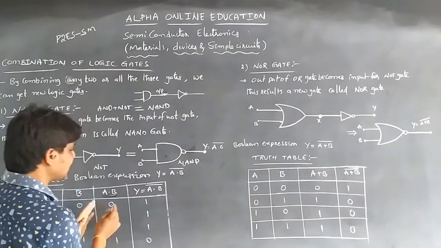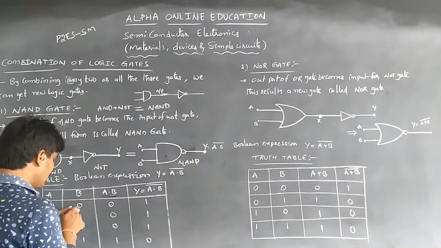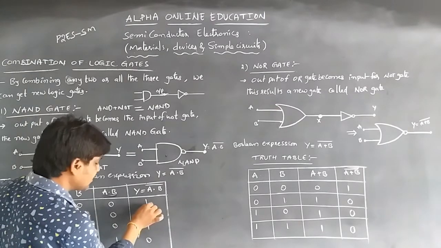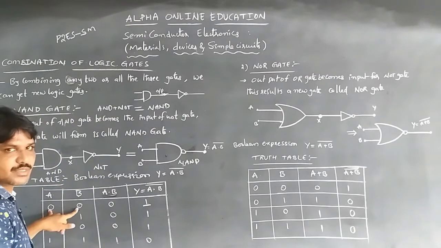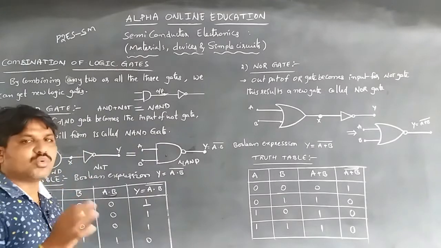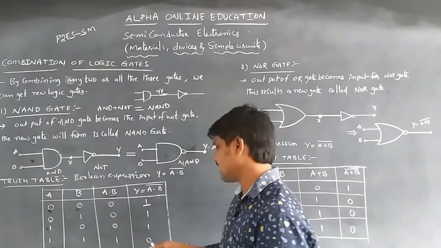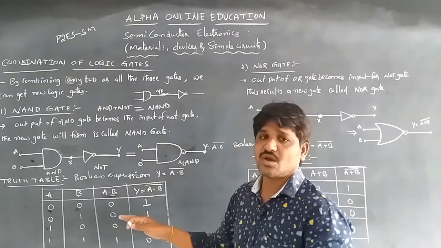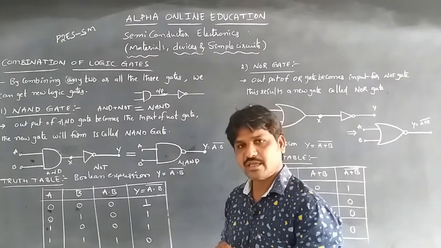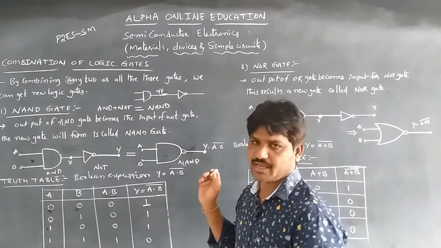The NAND gate gives the inverse values of the AND gate. When the two inputs are low, the NAND gate output will be high. If any or all of the inputs are low, the output will be high in a NAND gate.